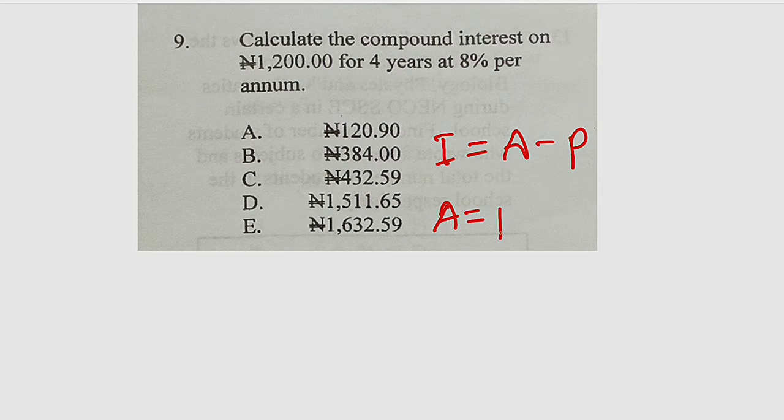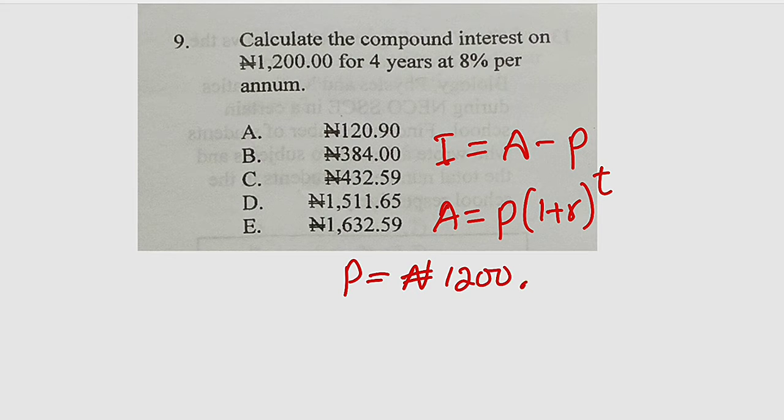Amount is equal to the principal multiplied by 1 plus r, which is the rate, raised to the power of t. But what is p? Remember, p is the principal amount, which is given from the question as 1,200. Then the rate is equal to 8%, which is 0.08, because if you divide 8 by 100, it will be 0.08. And time t is equal to 4 years.